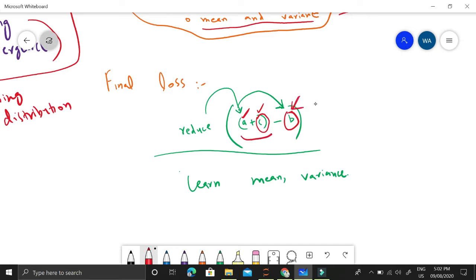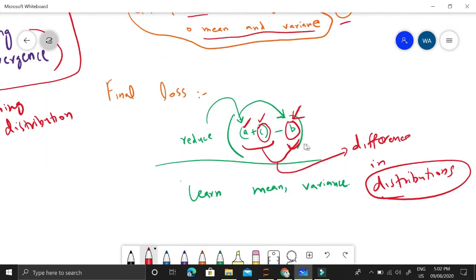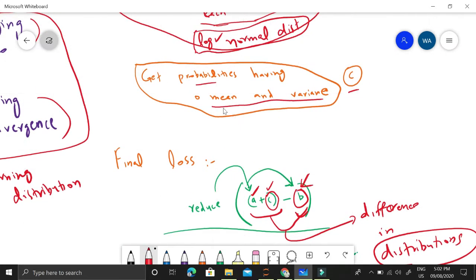So we are subtracting and finding the difference in both of these distributions, as I have already explained. What we are interested in is learning these two distributions by minimizing this difference, and in the process we want to learn the mean and variance which are generating these values. So given these values, all of the derivatives will be adjusting these mean and variance values.